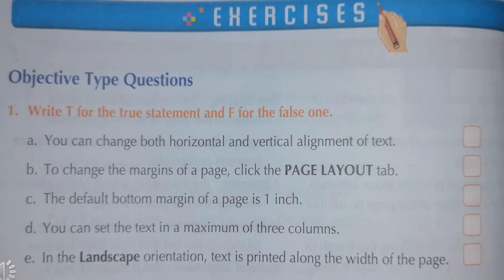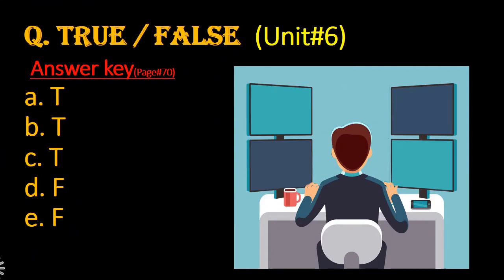You can set the text in a maximum of 3 columns. In the landscape orientation, text is printed along the width of the page. If you have still not completed page number 70, let's tally the answers from the slide and complete page number 70.